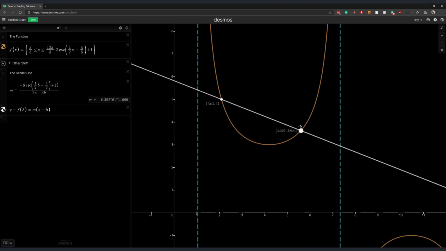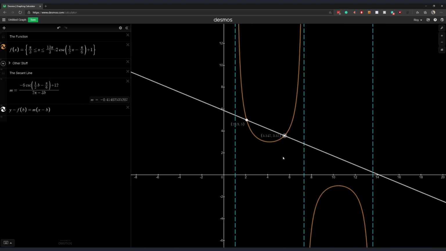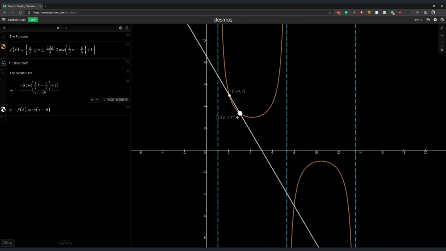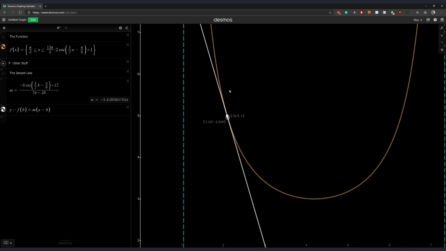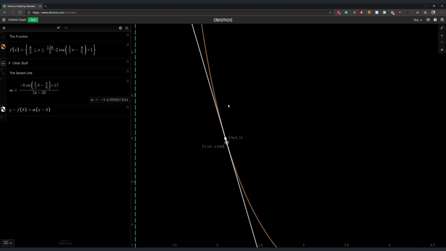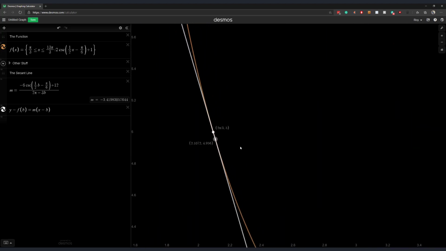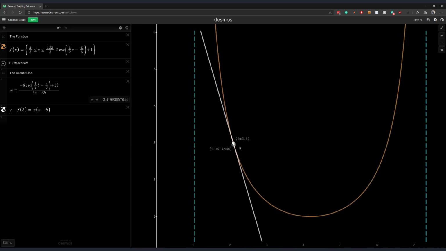But for right now, you can see it's kind of beautiful that you can drag that point as close as you want to the anchor point at 2 pi over 3 comma f of 2 pi over 3. And you get this approximation for what the actual tangent line is, not secant, but tangent line for our curve at 2 pi over 3.